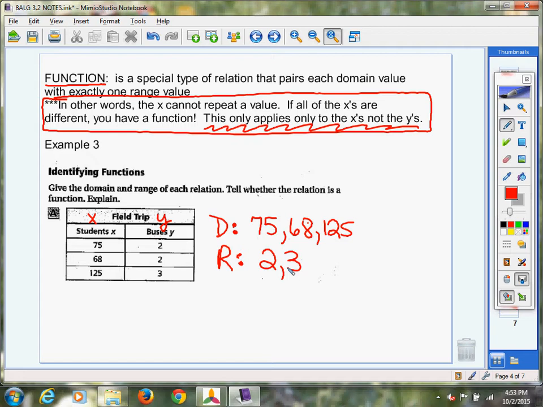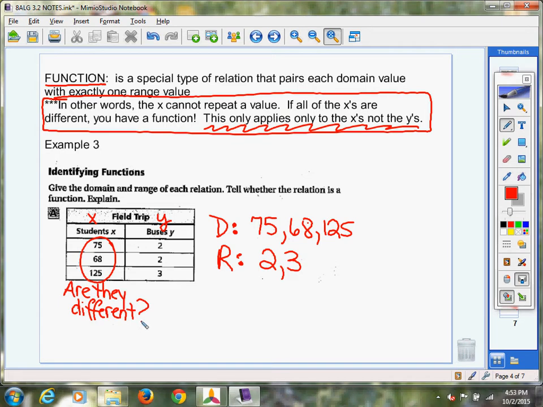All right, now we've got to tell whether the relation is a function. I want you to circle those 3 numbers. Ask yourself this question. Are they all different? Are those 3 numbers different? And if you're going, yes, they are.